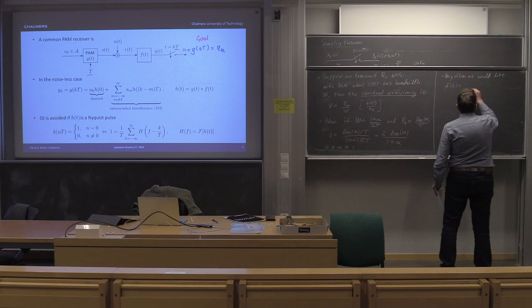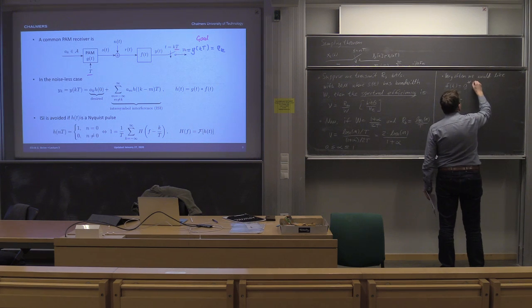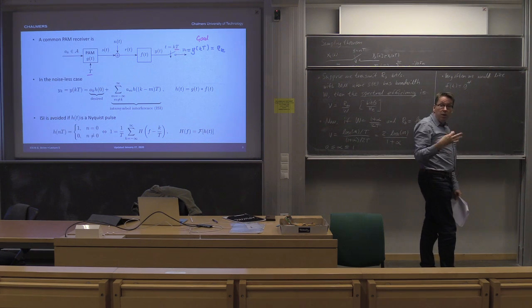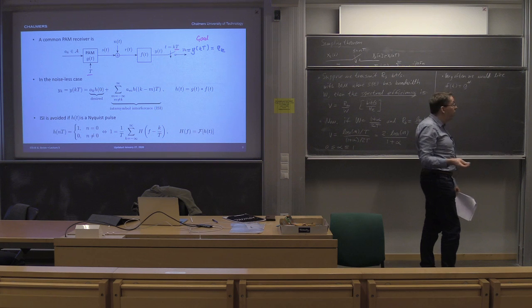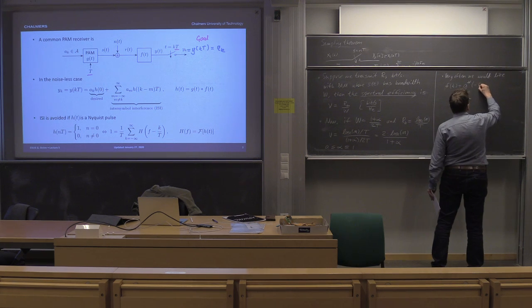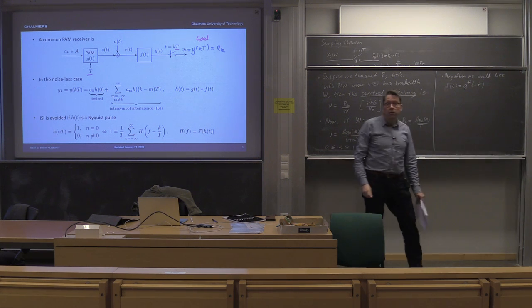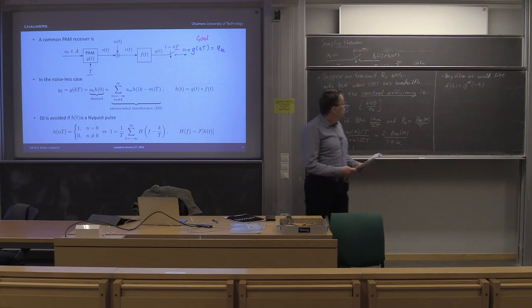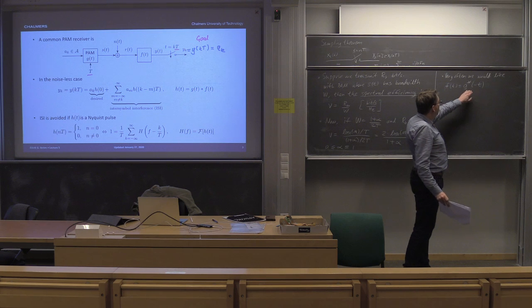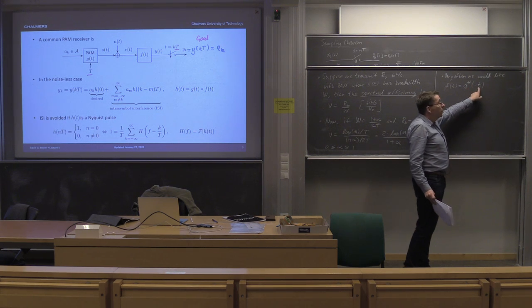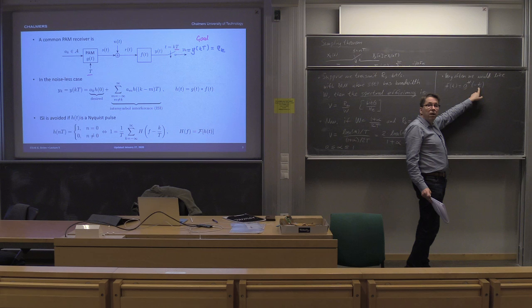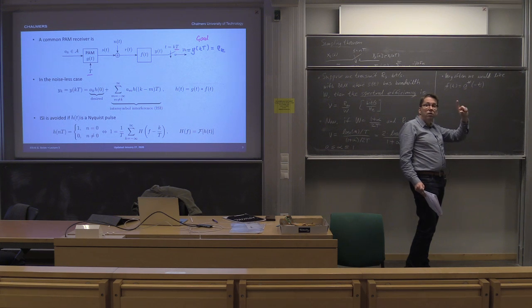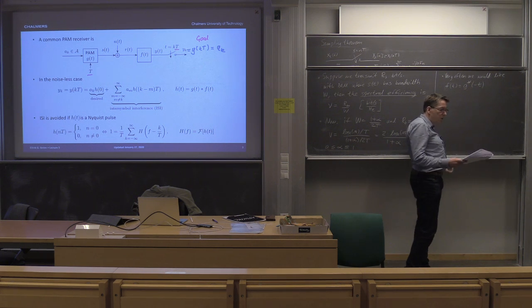So we want that to be the complex conjugate of g. Now we allow g to be a complex pulse also. If g is a real valued pulse, of course the conjugation doesn't matter. And then we would like it to be a time reversed version, we put in negative t here. So basically we would like f to be g, complex conjugated, and then flipped in time. So it's time reversed like this.